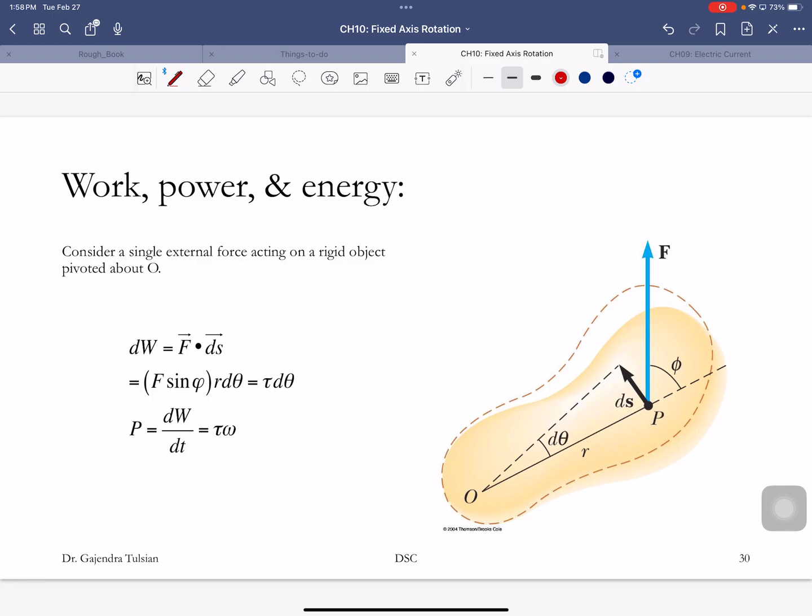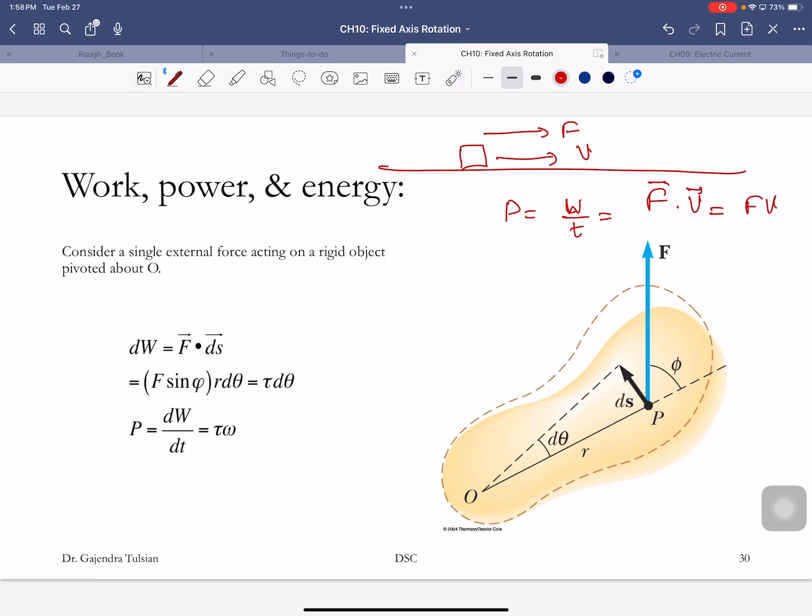I'm not going to derive this. What this is, is the following. Let's say you're going at a velocity v, and your engine is applying a force F like that. What is the rate at which your engine is working, or the power? It is force dotted with the velocity. And if they're in the same direction, it's F times v.